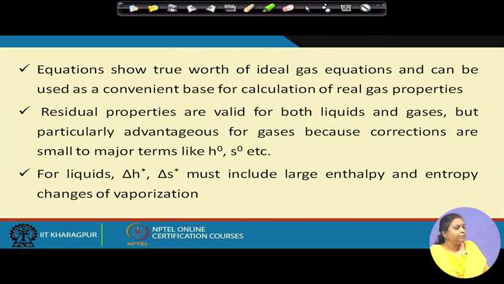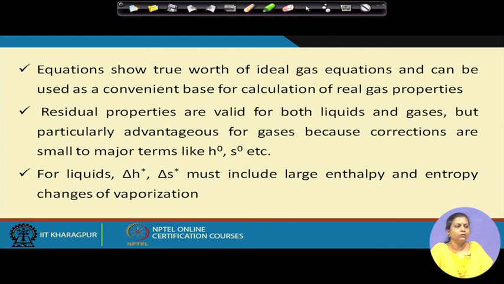Before that, I would just like to remind you, this also we had discussed earlier, that the concept of residual properties, or the equations which define residual properties, show the true worth of ideal gas equations, and show that the ideal gas equation can serve as a convenient base to estimate real gas properties. It's also important to remember that we can have residual properties for gases as well as for condensed phases, but they are particularly advantageous for gases.